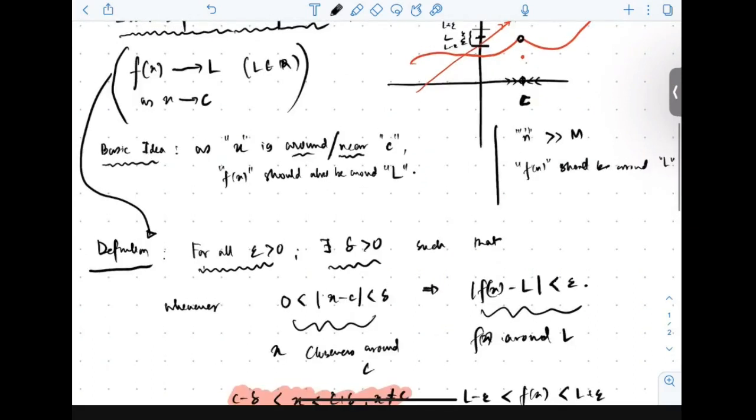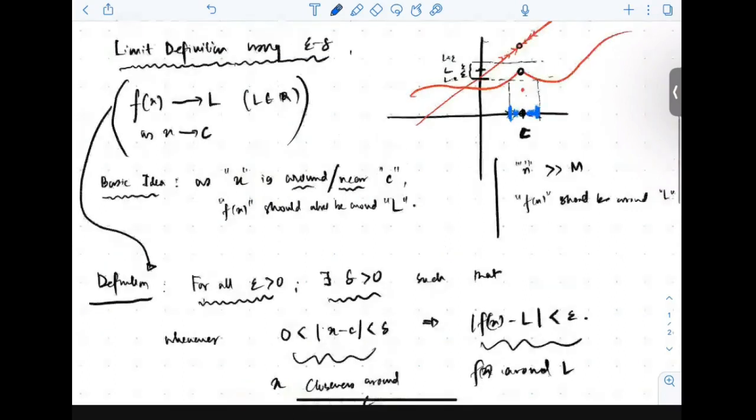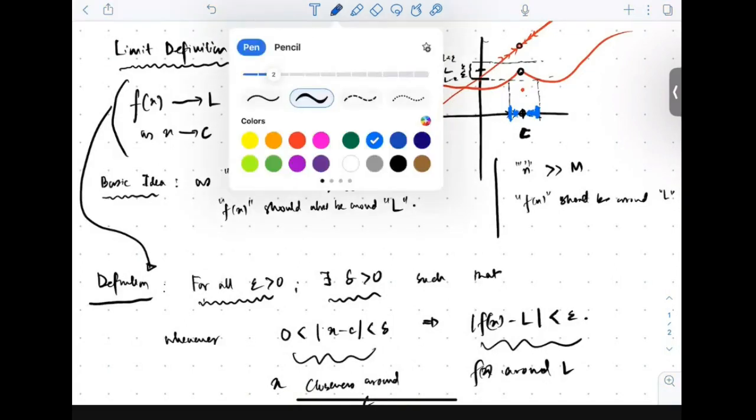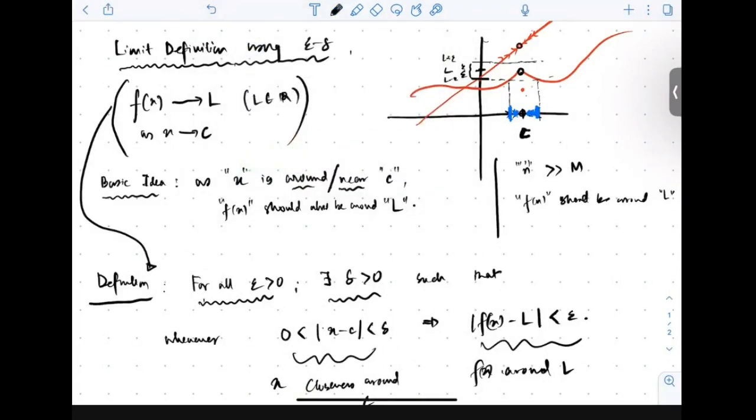If the limit exists, there exists a delta around c such that whenever x is in this delta region, the values f(x) takes lie between L minus epsilon and L plus epsilon.